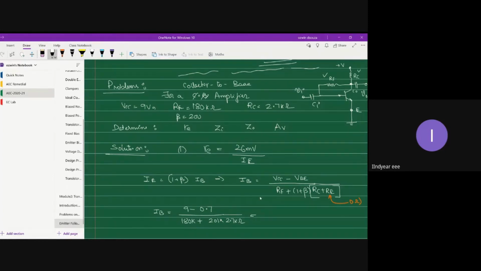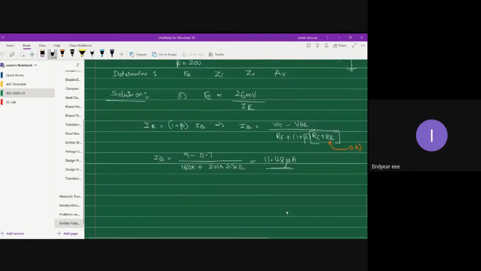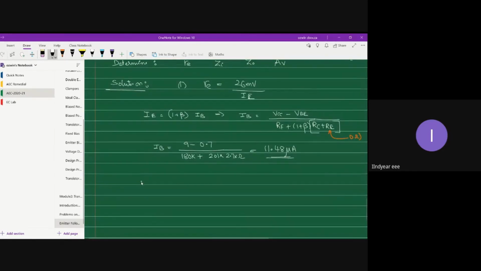Is it 11.48 microamperes? So 11.48 microamperes. That's your IB. Therefore, IE becomes 1 plus beta times IB, that's 201 times 11.48 microamperes, that's 2.308 milliamperes.